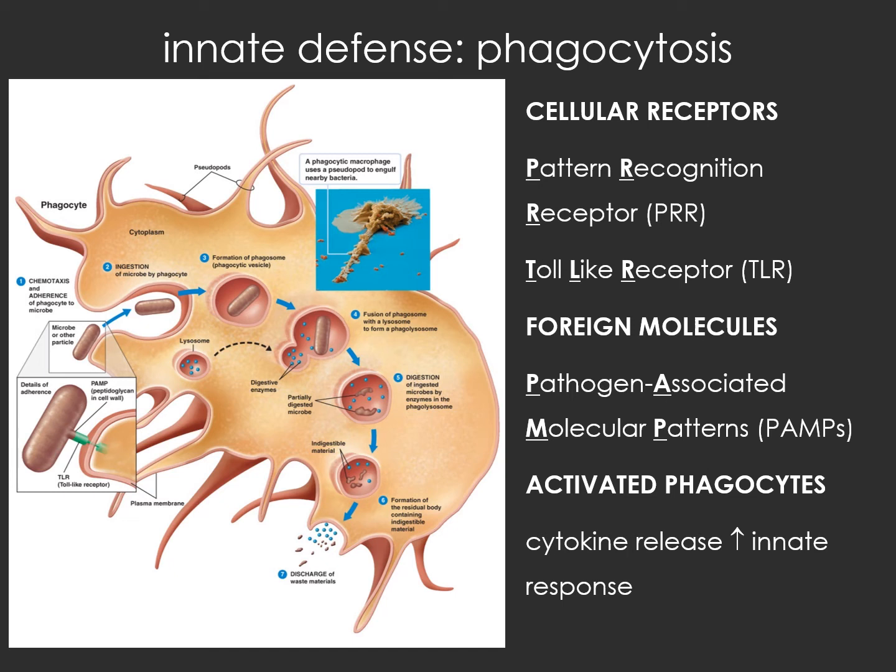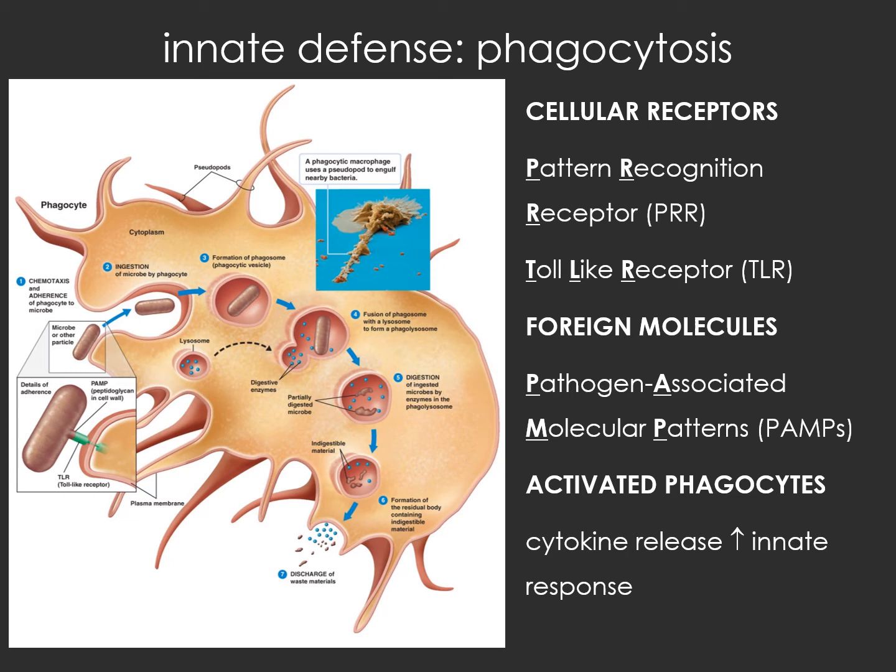That phagosome contains the microorganism that the phagocyte wants to eat and to digest, and so the phagocyte will fuse that phagosome in step 4 with a resident lysosome. And that resident lysosome will fuse with the phagosome, and it will become a phagolysosome.